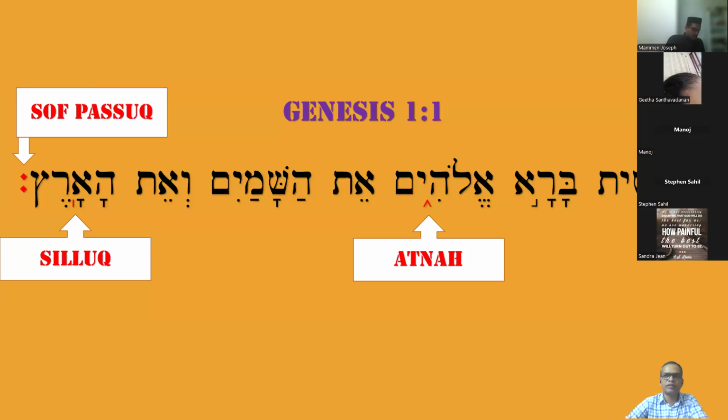Atnach helps us to identify the first half of the verse. So the last word of the first half of the verse, especially the accented syllable, will carry atnach. The last word of the last half of the verse, especially the accented syllable, will carry silluk, and that will be immediately followed by sof pasuk. That is the end of that verse.